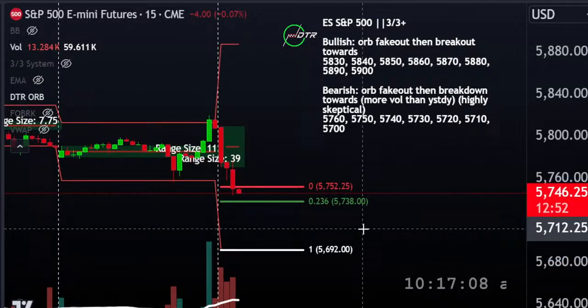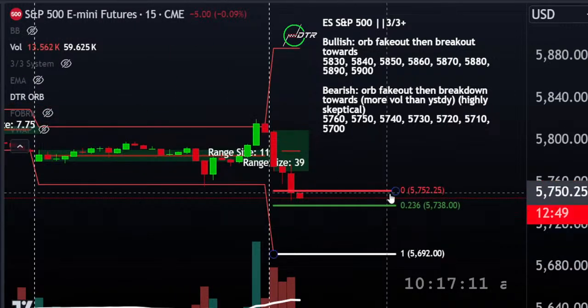So 8-point stop, pretty punchy. Let's see.